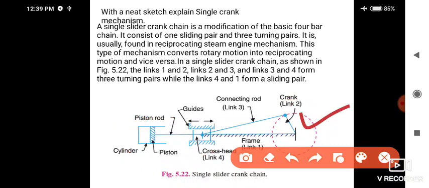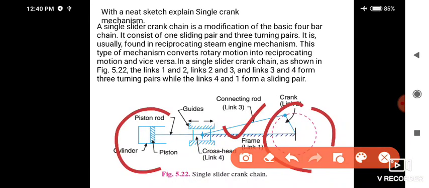The only thing is that you have to practice the diagrams, and once you understand the working of the single slider crank chain mechanism, you can write in your own words. Initially this crank starts rotating. With the help of these additional attachments we get this reciprocating motion.